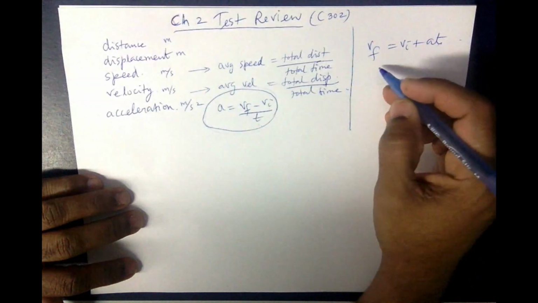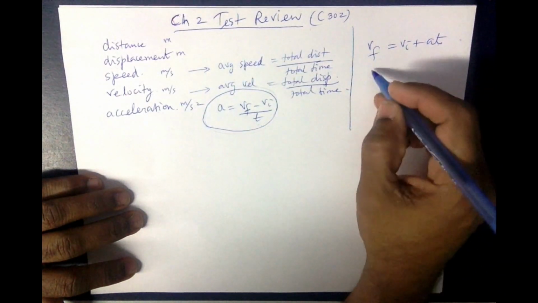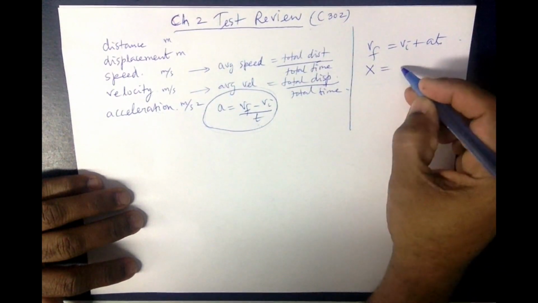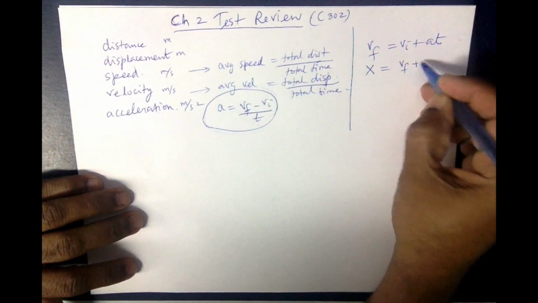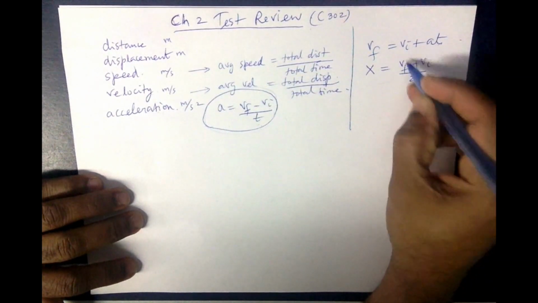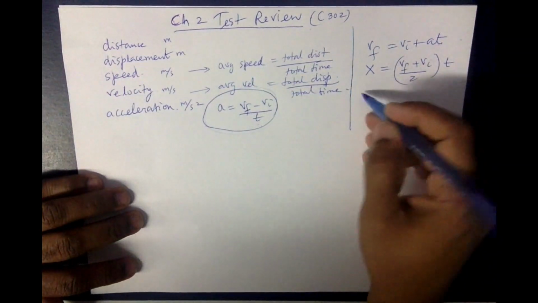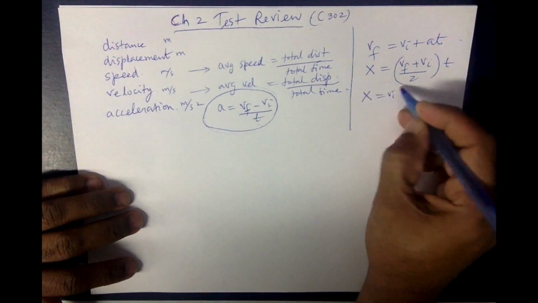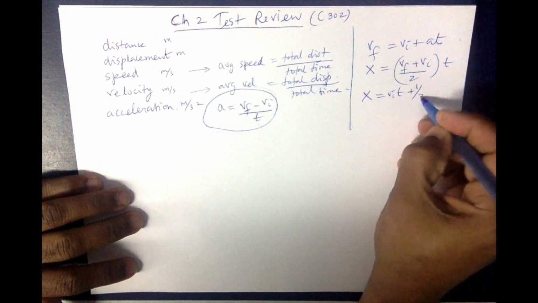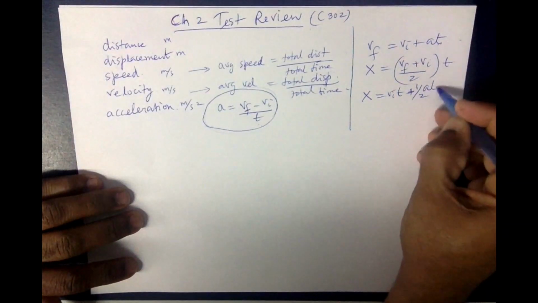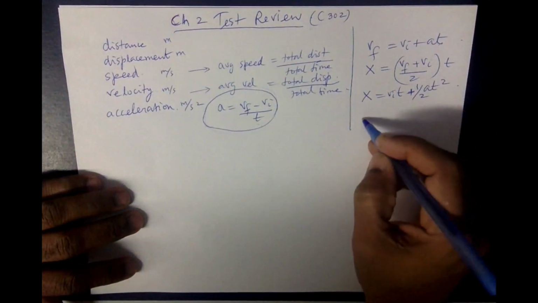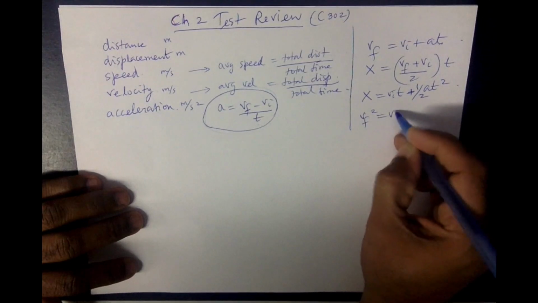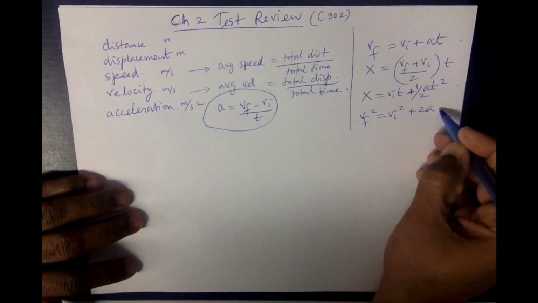Okay, and the other equations of motion, the displacement is going to be the average of the two velocities times time. And we have x is equal to Vit plus half At square. That's our third equation of motion, and Vf square is equal to Vi square plus 2Ax.